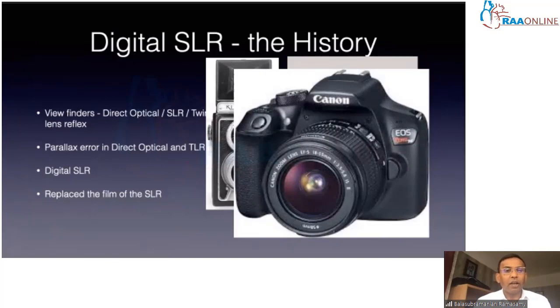Now, as mentioned in our last talk, the incorporation of mirrors and pentaprisms were a landmark in the paradigm of photography, which changed the landscape of the photography world forever. With the availability of single lens reflex cameras, the next obvious development was the digital single lens reflex, which replaced the film of the SLR cameras.